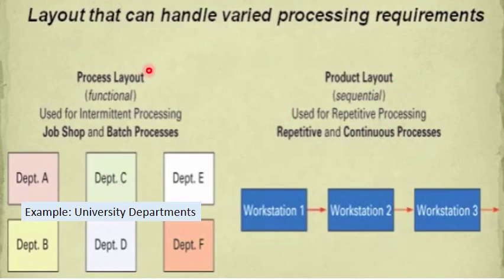So when we combine both process layout and product layout, similar activities are grouped together, and those departments are arranged in a sequence. So we can get the maximum advantage from the combination layout in order to get different sizes and different types of output.